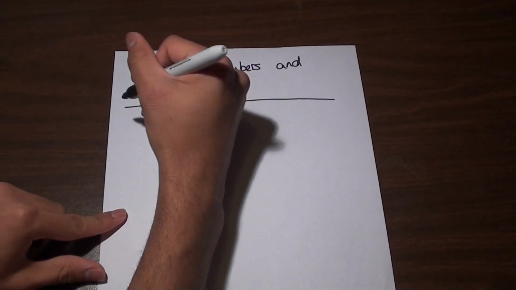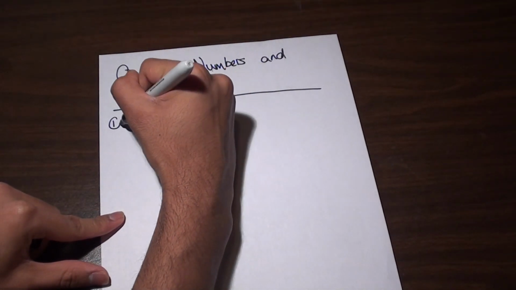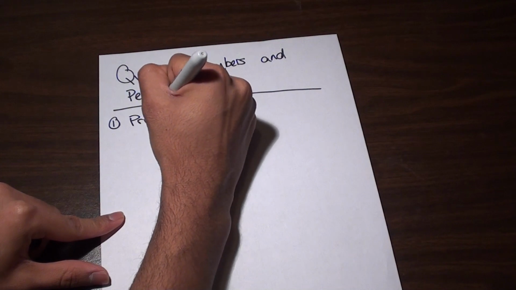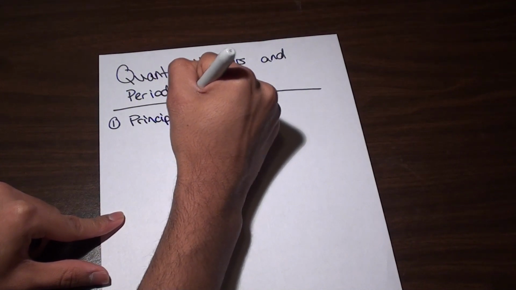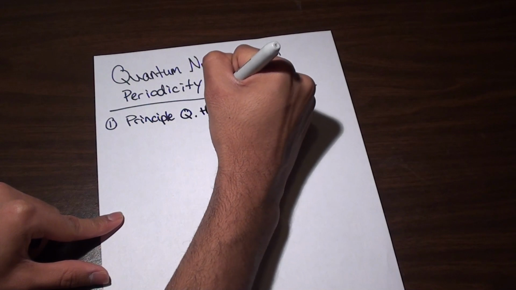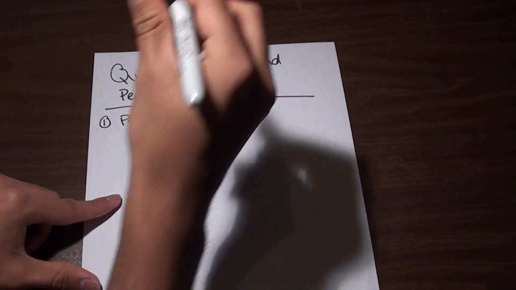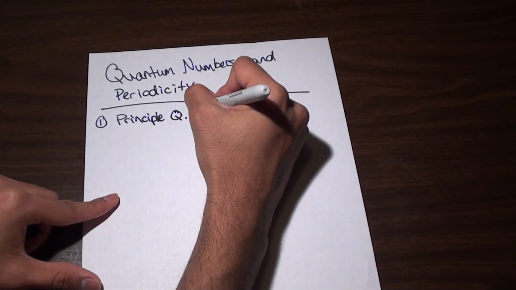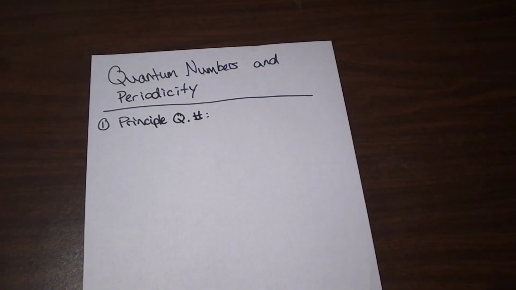The first one of these is the principal quantum number. I'm just going to write quantum number like that in order to make it a little bit simpler for us. And basically what the principal quantum number is describing is the average distance of an electron from the nucleus in the atom.